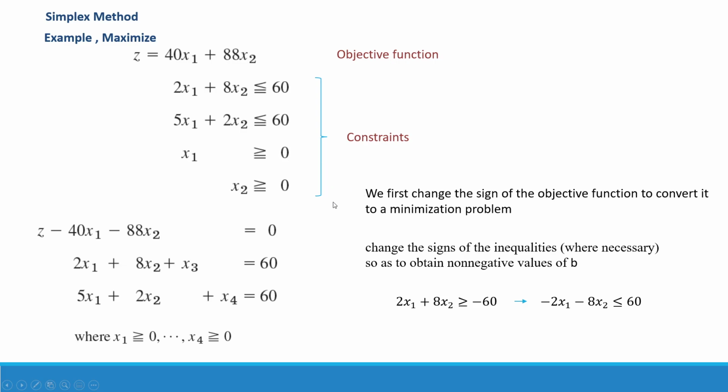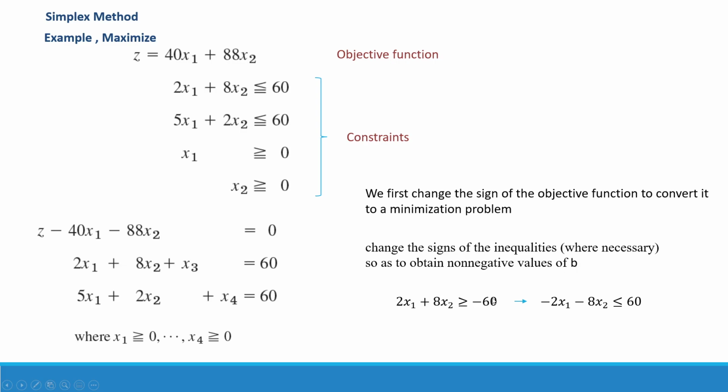The first thing that we need to do: in this case there is a maximization problem, so we change the sign of the objective function to convert it to a minimization problem. It means we are always going to work with minimization problems. The second is to change the sign of the inequality if necessary, in order to obtain a non-negative value of b.